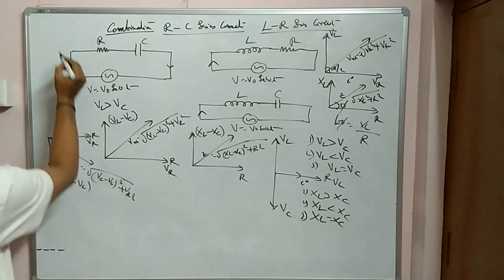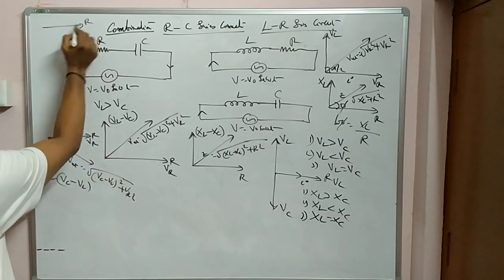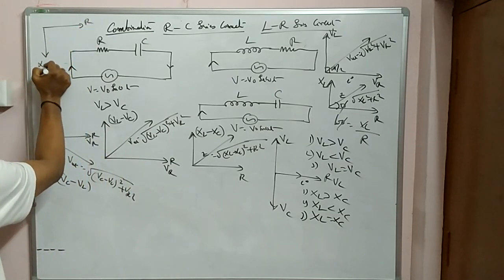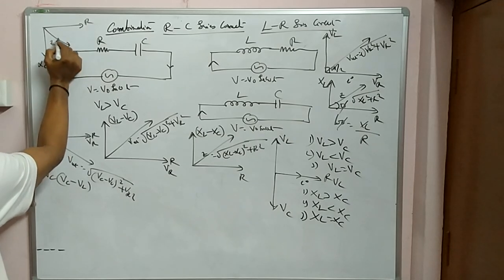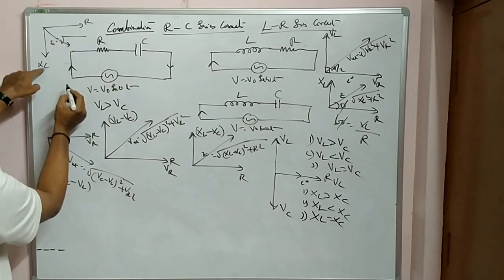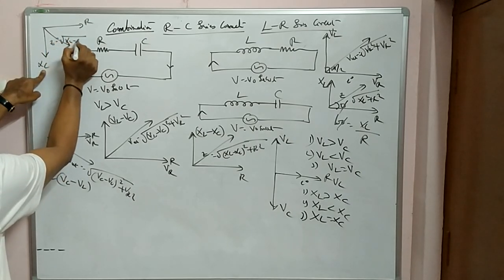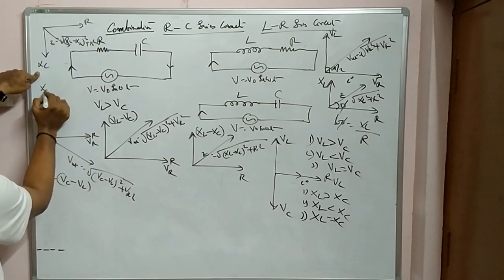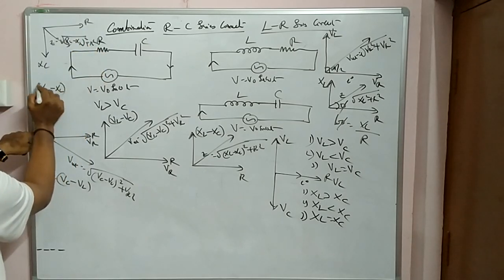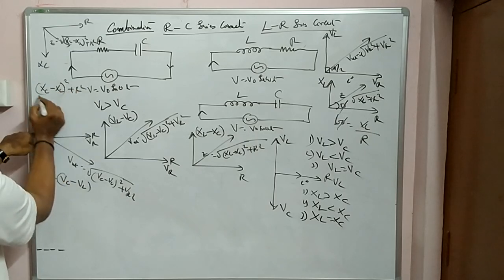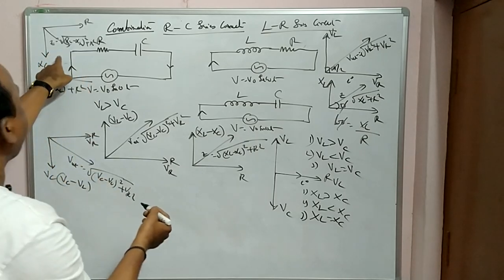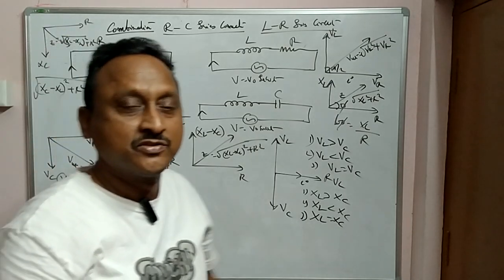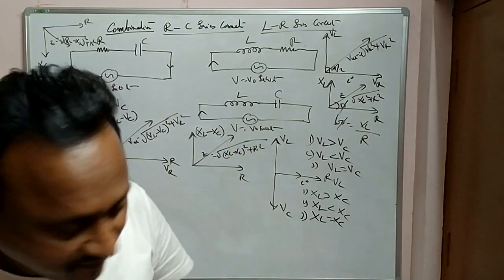In the same way, this is R and this is XC, so this is the impedance. Impedance is equal to root over XC minus XL whole square plus R square, since XC is greater. I will write it here clearly: XC minus XL whole square plus R square under root. And again tan phi is XC by R. So like this you can calculate depending on which values are greater.